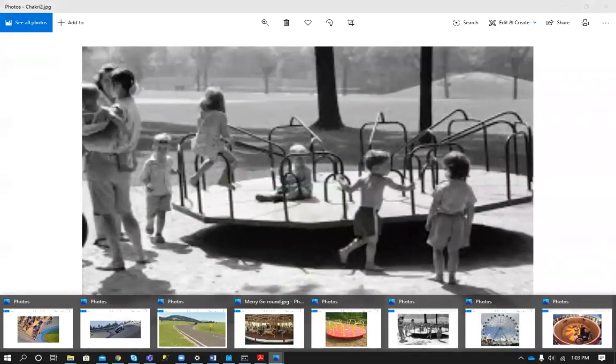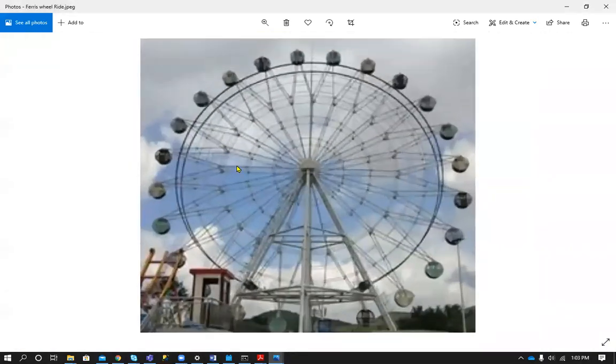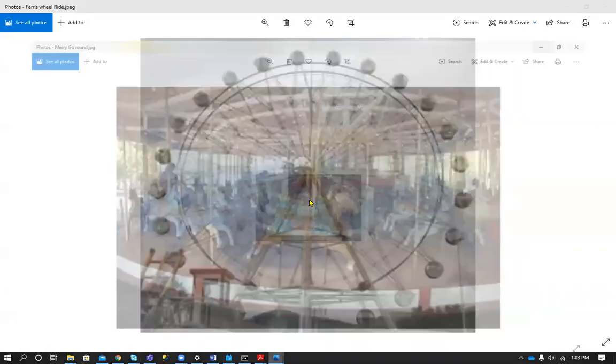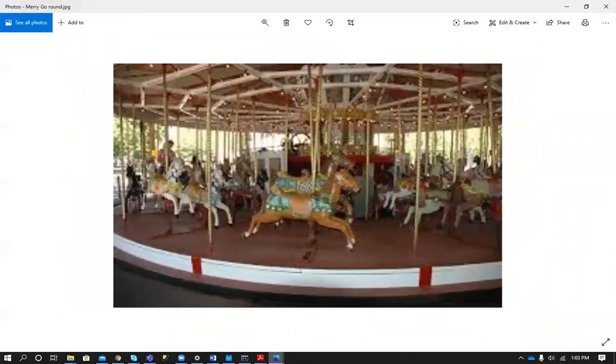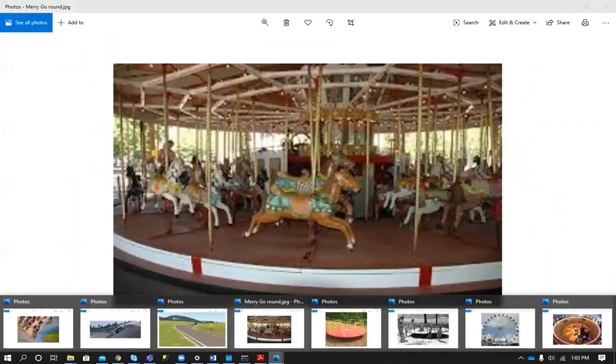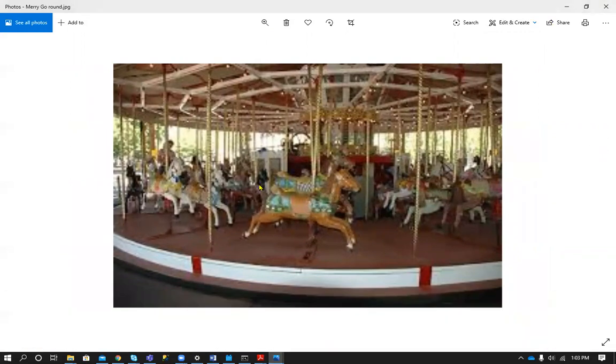You have used all these in your childhood, and this is vertical circular motion, and the merry-go-round. So all these are examples of circular motion.